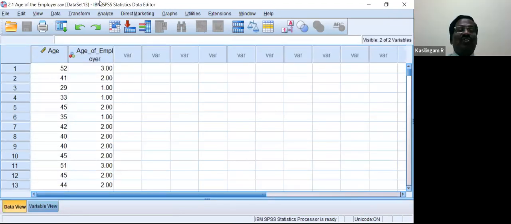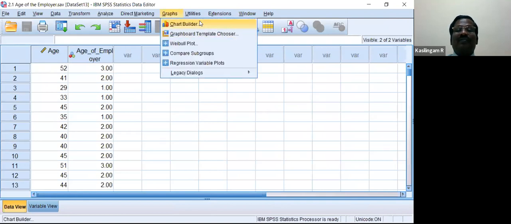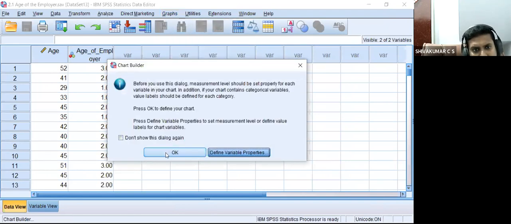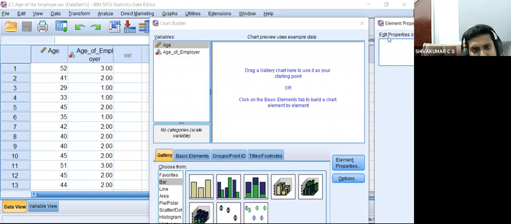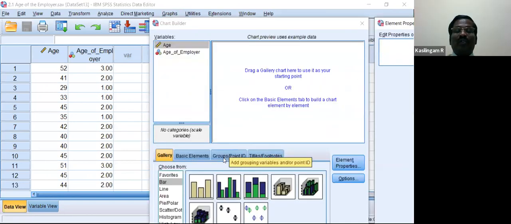Same age. Graphs, chart builder. Now what chart am I going to use?